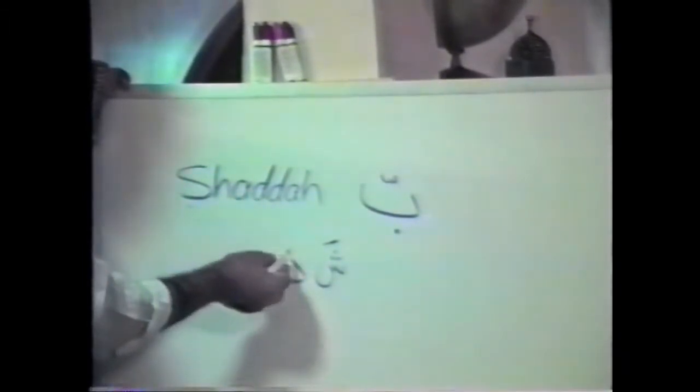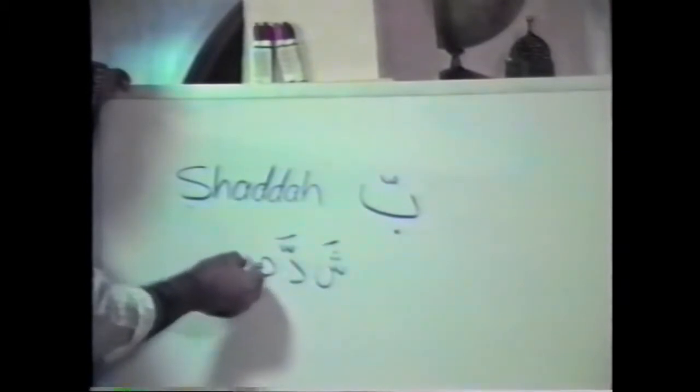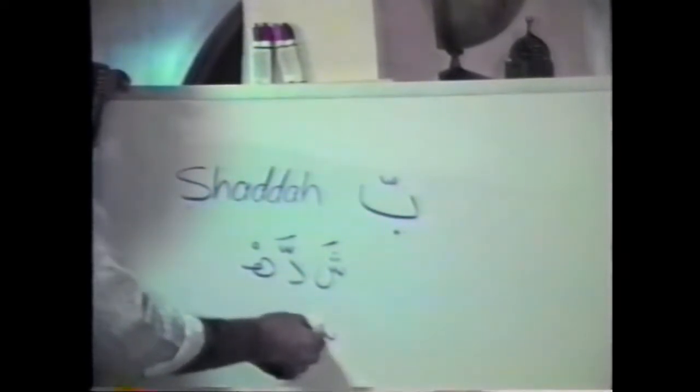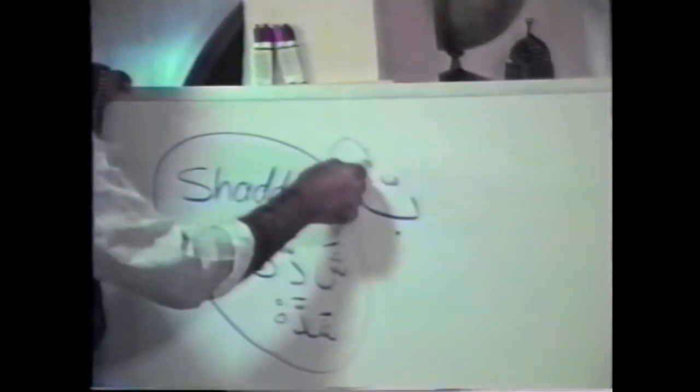And because it is stressed, it's a double letter in English, you just put this same sign here, shadda, in conjunction with the fatha. Shadda, and then the ha, with a sukoon on it. Shadda. And when you write it down, it will be like this. Shadda. So this is the name of this sign.